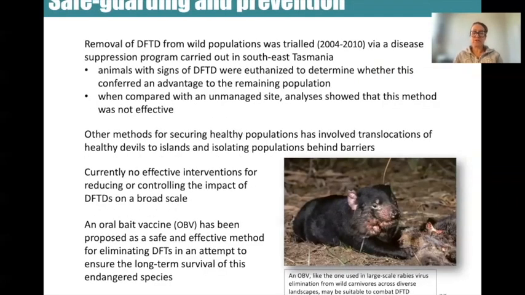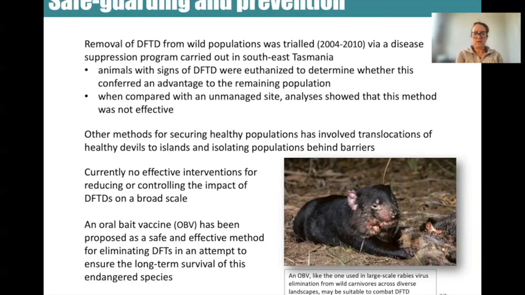Safeguarding and prevention against DFTD. Removal of DFTD from wild population has been trialled essentially via a disease suppression program carried out in southeast Tasmania. Animals with signs of the disease were euthanized to determine whether this removal conferred any advantage to the remaining population.